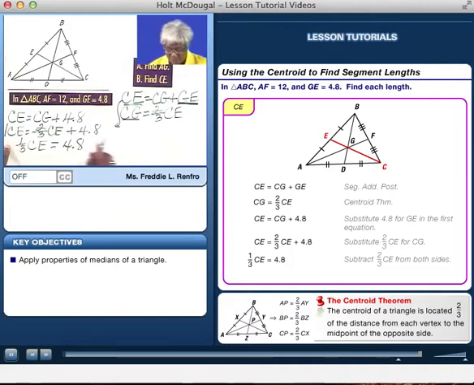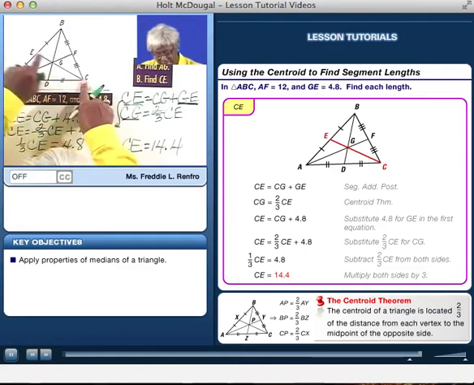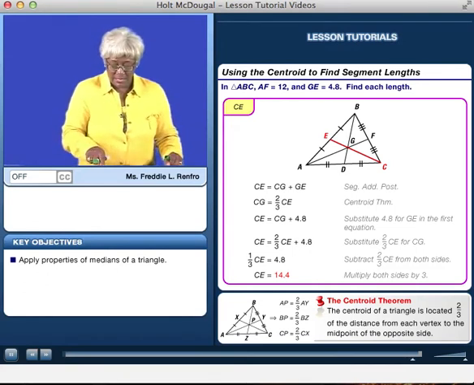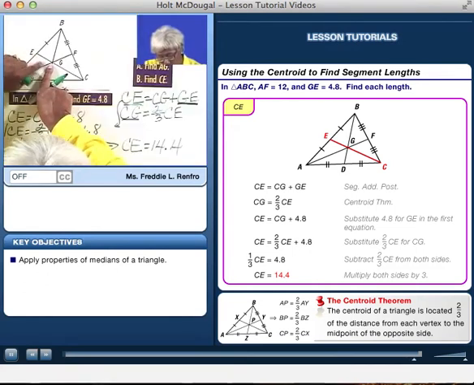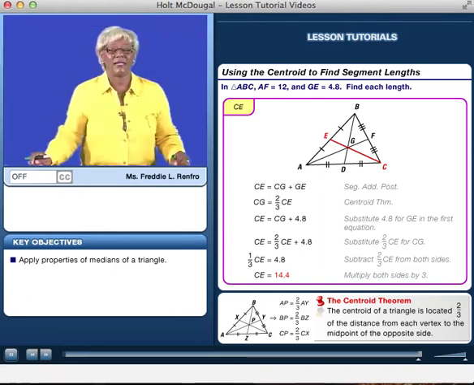And when we multiply both sides by 3, we get CE is equal to 3 times 4 8/10, which is 14 4/10. So that's what CE is equal to. And that sounds pretty reasonable, because if this is 4 8/10, CE is 3 times that amount, which is 14 4/10.